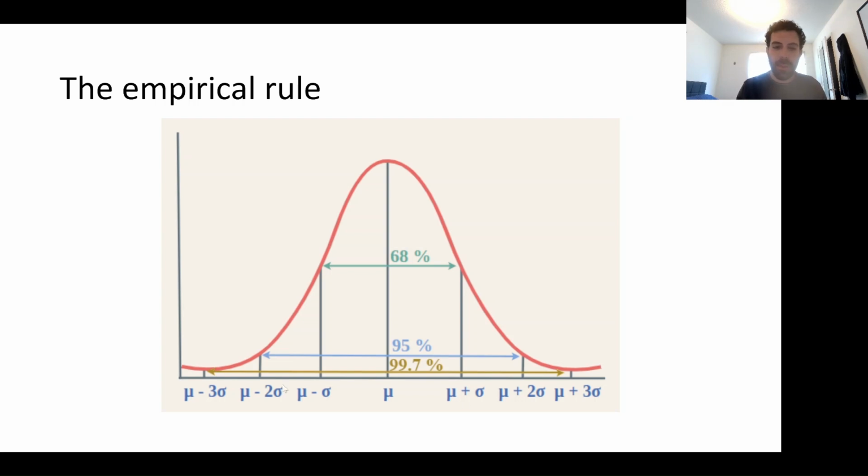And again, I know this notation might be a little intimidating for people who haven't seen it before, but remember, mu is just my population parameter, and sigma is my population standard deviation. So mu plus or minus sigma is this range. That should cover 68% of my data. Mu plus or minus 2 sigma, that's this range by the blue line, should include 95% of my data. And then plus or minus 3 sigma would cover 99.7% of my data.